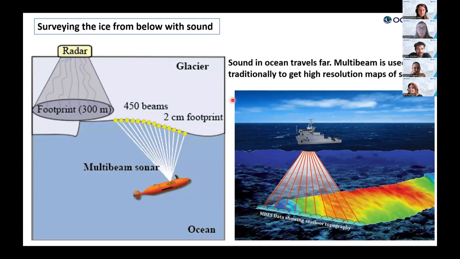But one of the most exciting things I thought that you can get from it is the upward-looking multi-beam. And you saw Stina share some equally exciting results, I think, from the long-range ADCP. But this work is focused on the multi-beam, which has a higher resolution. If you go near the ice, you can get quite small footprint and very high resolution.